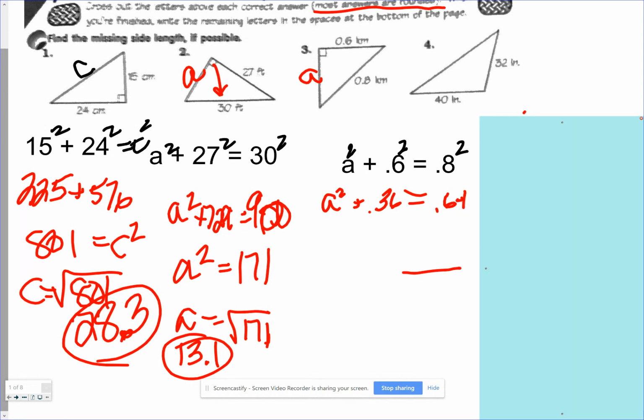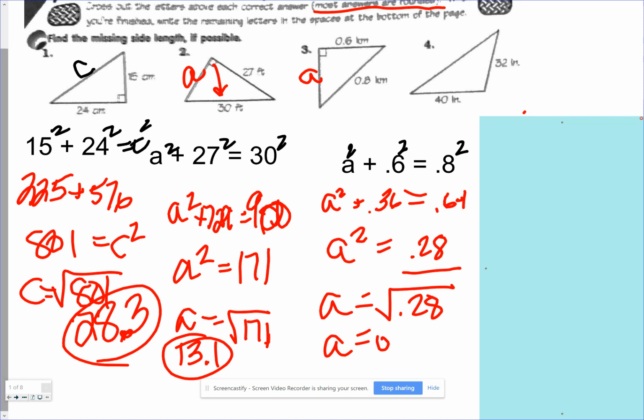When you subtract these, you take 36 hundredths away from 64 hundredths, and you end up with the square root of, I believe it's 28. Does that sound right? 28 hundredths? Something like that. All right, that looks right. Take this one last step, and when you round this to the tenths place, you get approximately a is 0.5 or about 1/2. And our label there is kilometers.